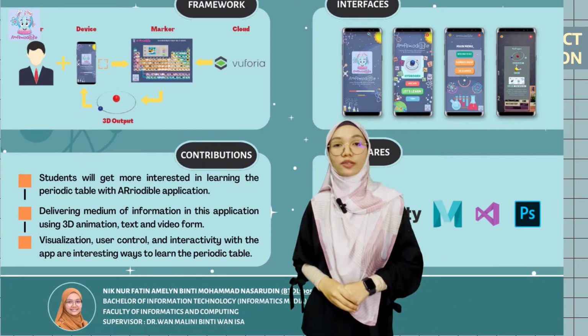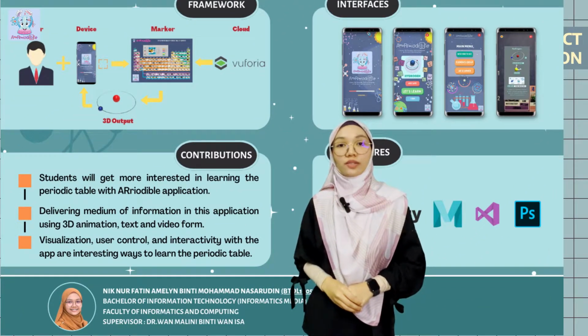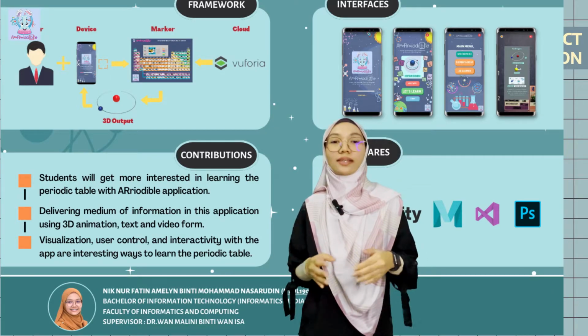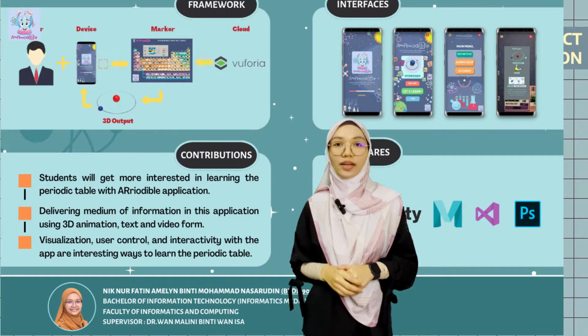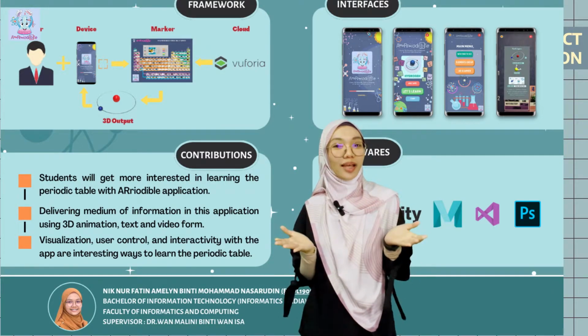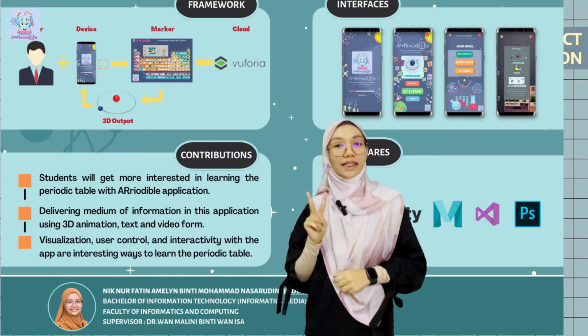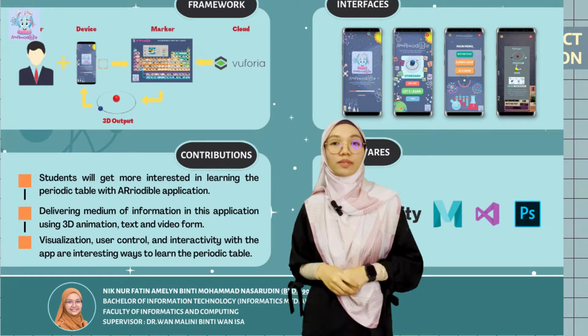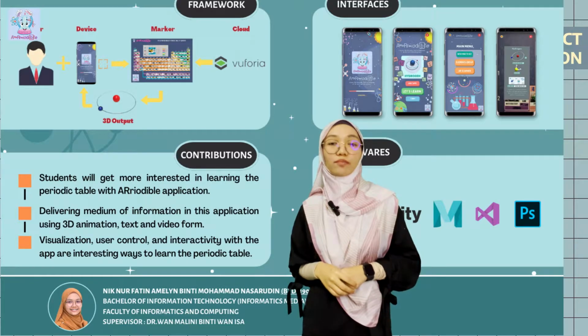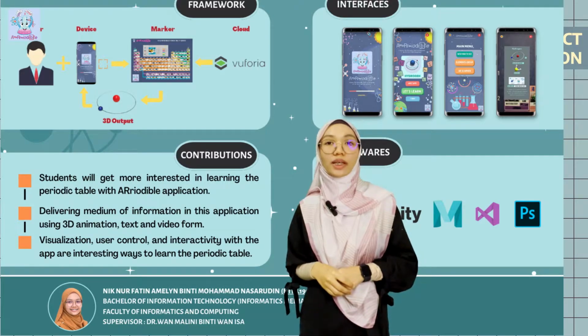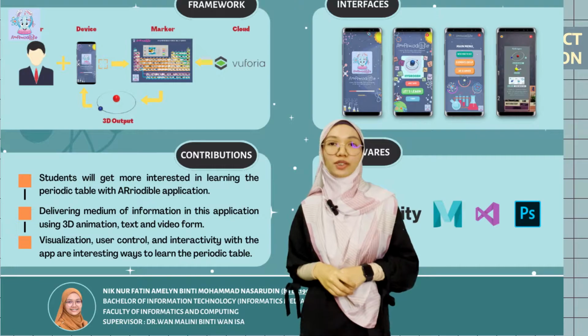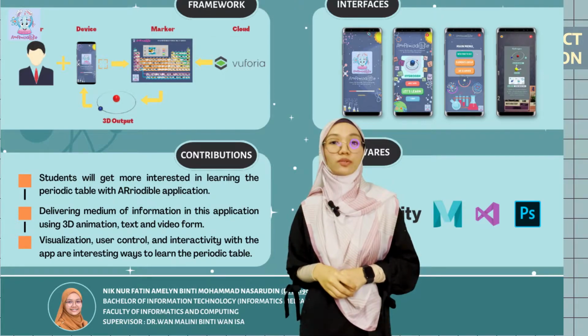Moving on to the contributions. Students will get more interested in learning the periodic table of elements with ARriodible application. Second, ARriodible application delivers the information in various ways such as 3D animation, text, and also in video form.